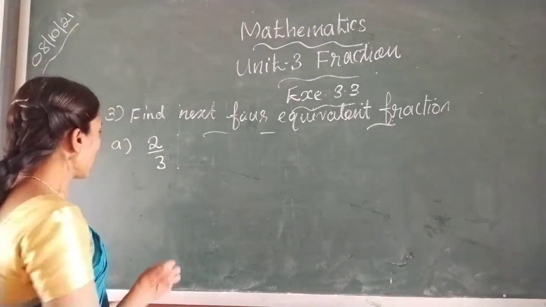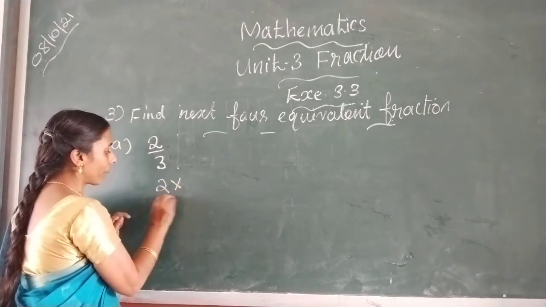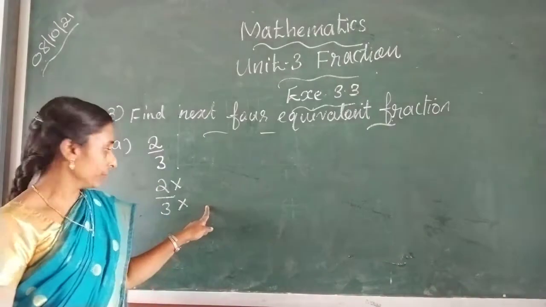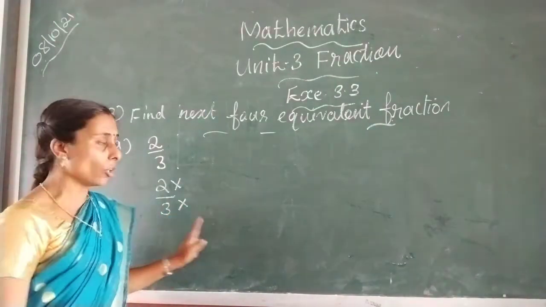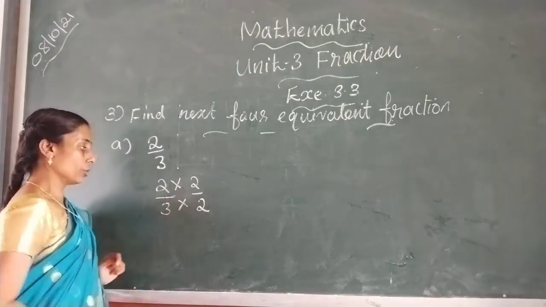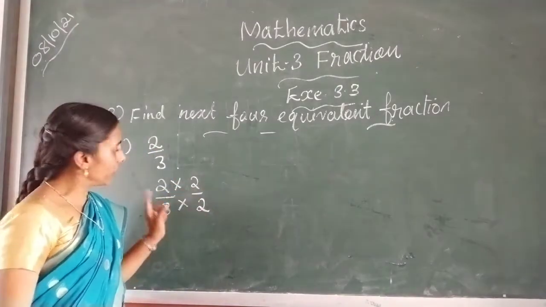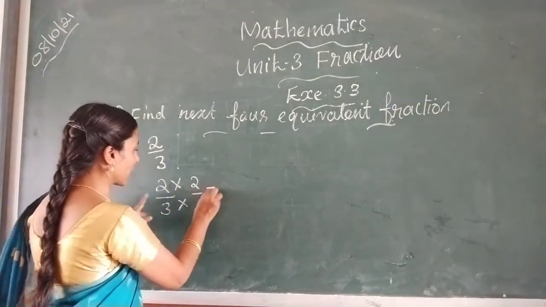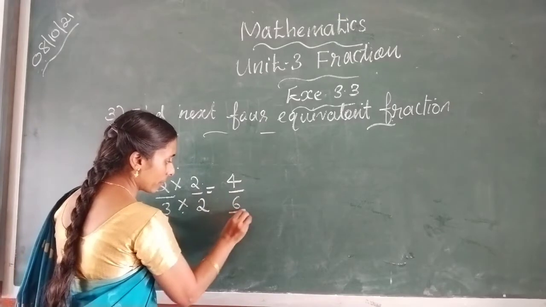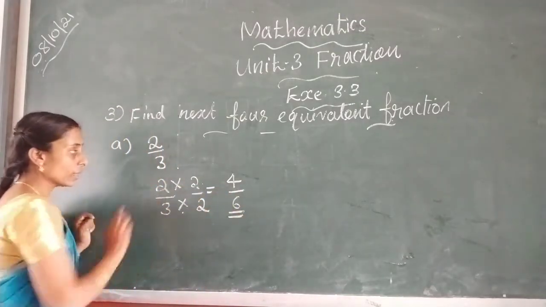So we can use next, both the numerator and denominator multiplied by 2. 2 upon 3 multiplied by 2 upon 2, we get the next equivalent fraction. 2 2s are 4, 3 2s are 6.